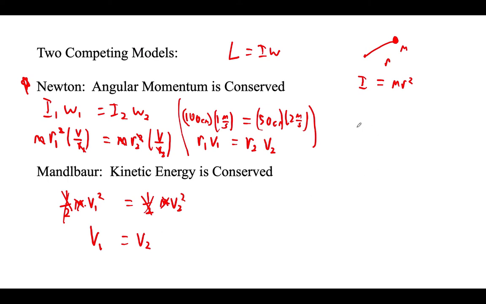So we have one model that is the constant velocity model, and one model that is the conservation of angular momentum model, in other words, the velocity increases. What you're going to have to do is come up with an experiment to show whether the velocity stays constant or not. It's not enough to just show that the velocity is different.